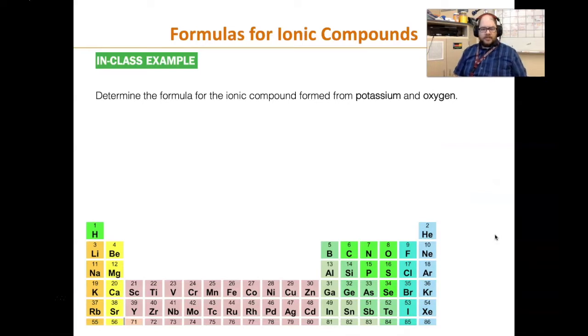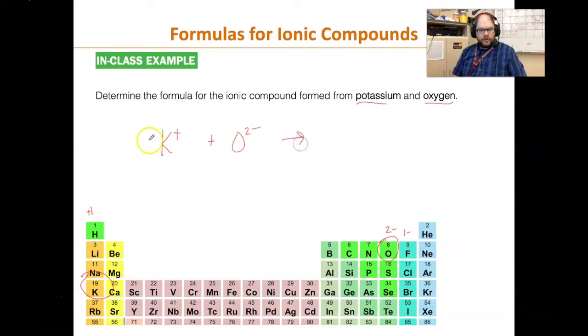We have to determine the formula of an ionic compound that's formed between potassium and oxygen. So we got potassium and oxygen. Our first step is to find them on a periodic table. So we have potassium over here, we have oxygen over there. Remember that the first column are +1, so potassium is going to have a +1 charge, and oxygen is going to have a 2- charge, because this is a 1-, this is a 2-.